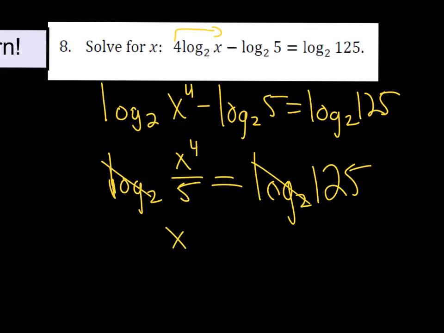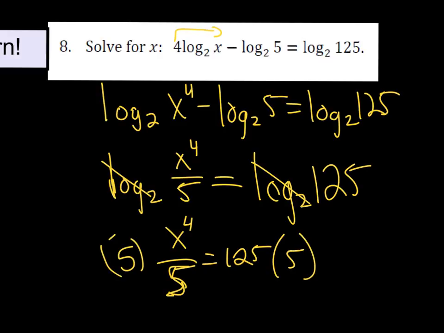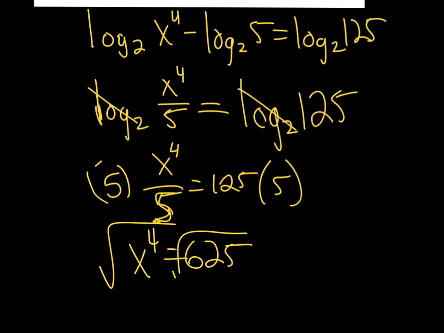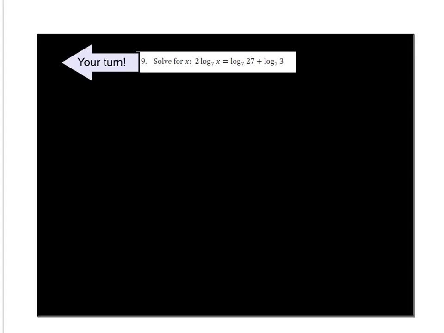So logs cancel. You have x to the 4th over 5. That's a 5, despite what my penmanship looks like. So if I multiply this, I'm going to get x to the 4th equals 125 times 5, which is 625. So then look for the 4th root, and that's going to give me 5 for my answer. All right, so that's all I'm doing, just trying to combine them into one, using the rules that we talked about, and then solving.